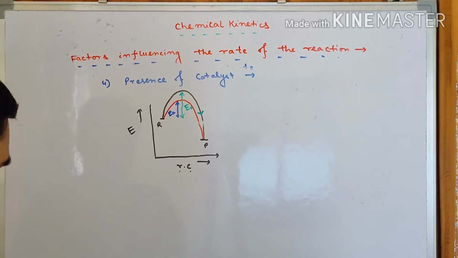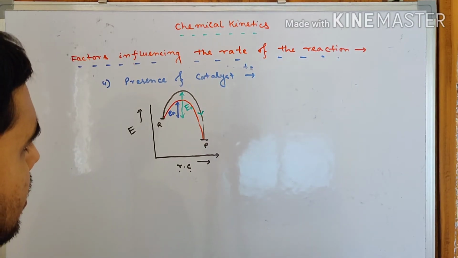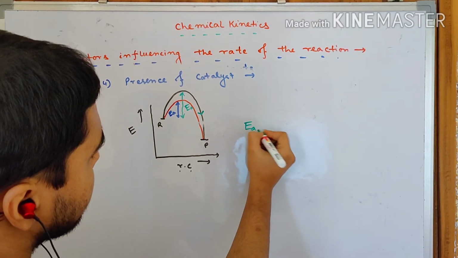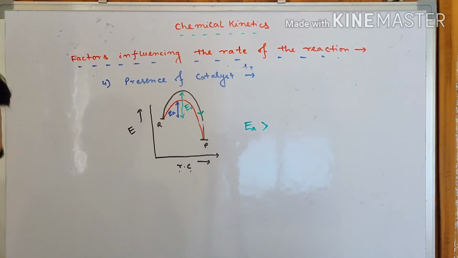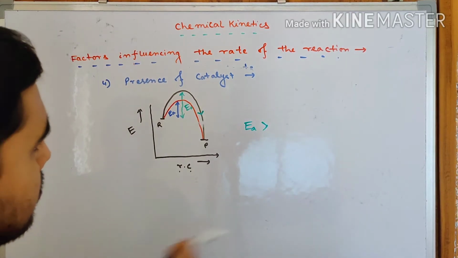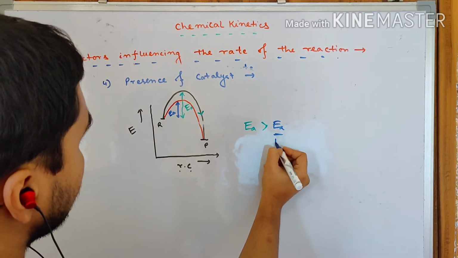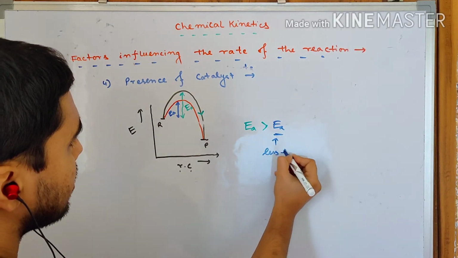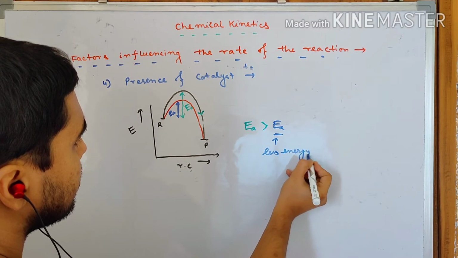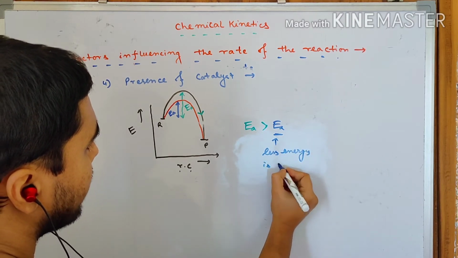So obviously, here you can see the green EA is greater than the blue one. So here less energy is required.